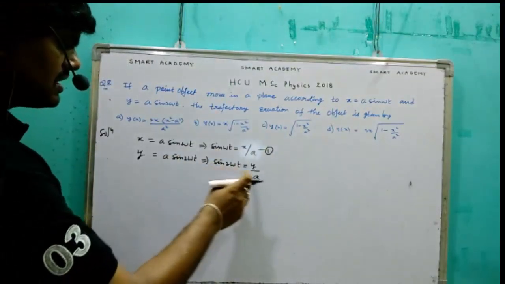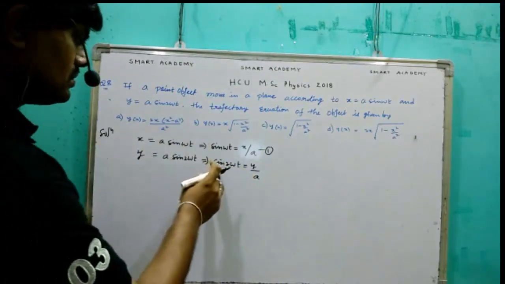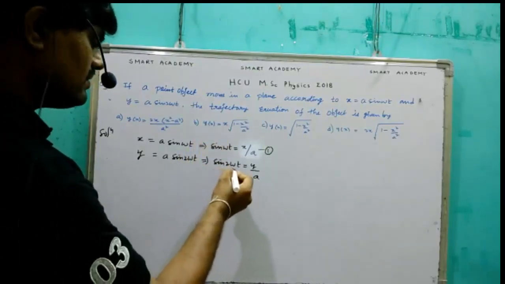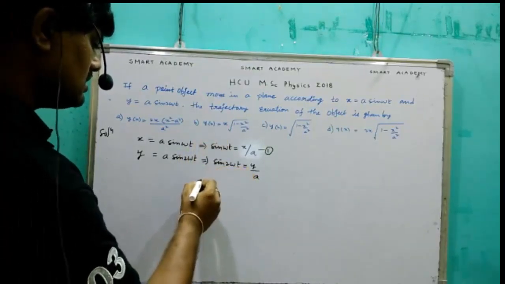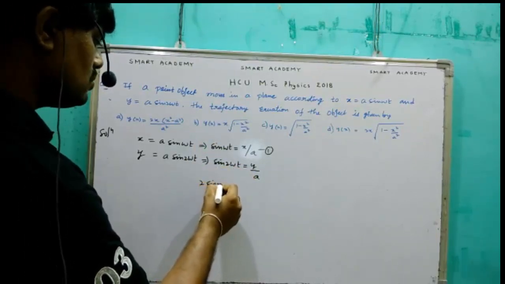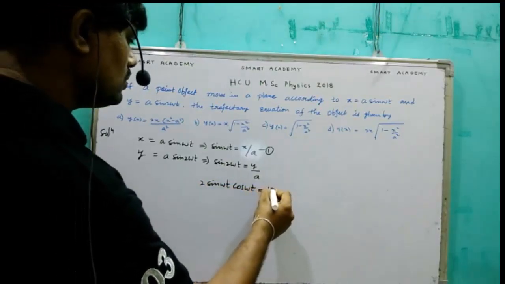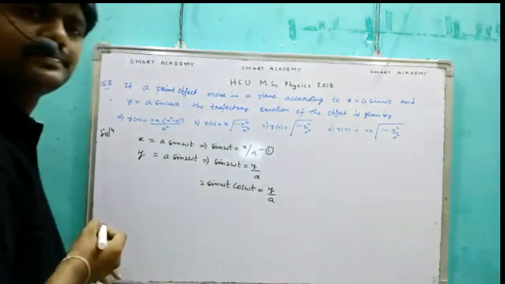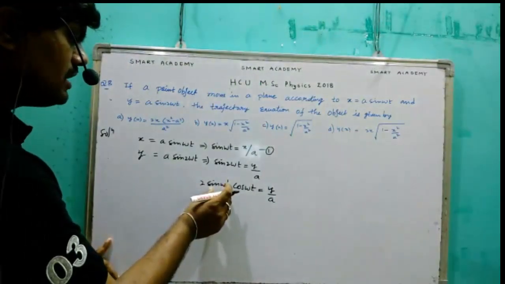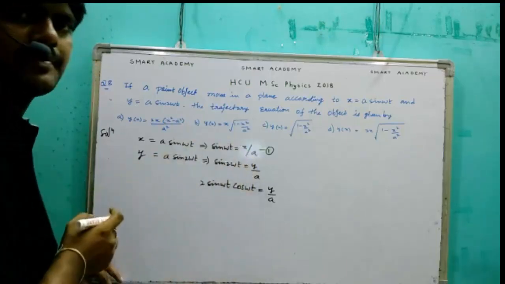From this equation, now we have to calculate cos omega t. Sin 2 omega t is in the form of sin 2A. Expanding this, we get 2 sin omega t cos omega t equal to y by a. Here we have the sin omega t value from equation 1, equal to x by a.